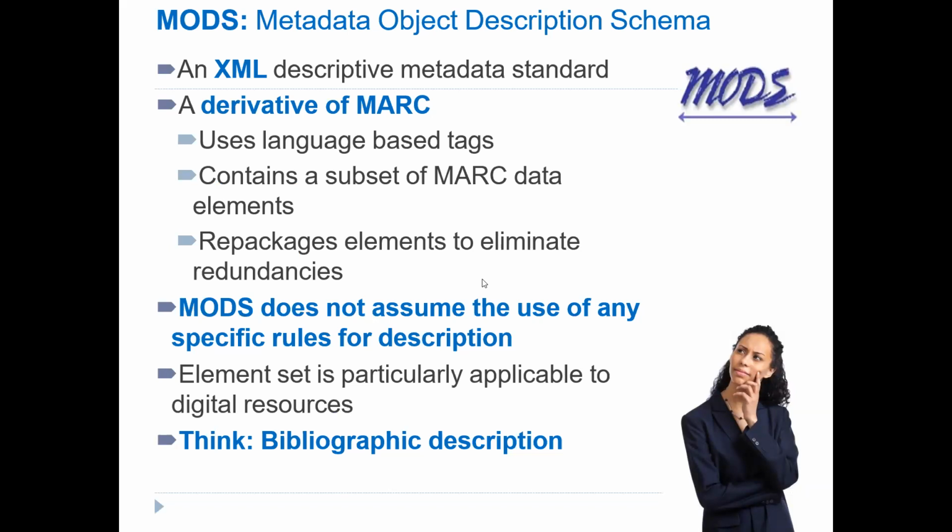So this came out of libraries, Library of Congress, and it's not entirely a derivative of MARC, but MARC was sort of the inspiration and the starting point for it. So it was looking at MARC to see how MARC could be used in different ways. So, for example, instead of using MARC numerical tags like 245, it uses title.